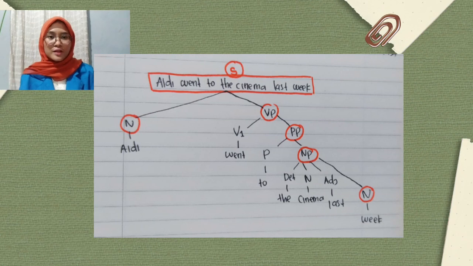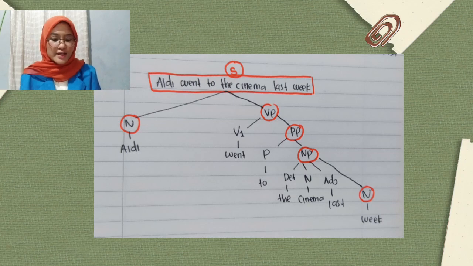Okay, example of a tree diagram. The sentence: Aldi went to the cinema last week. Aldi went to the cinema last week is the sentence, and a sentence must have a noun phrase or just a noun and a verb phrase.